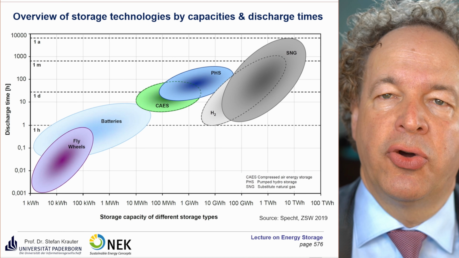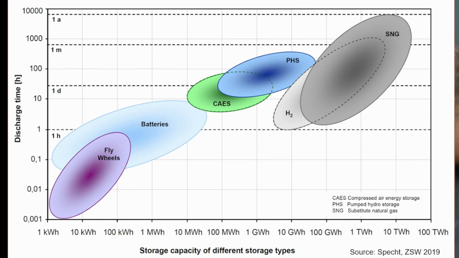Let's just take a look at the different storage technologies and their capacities and discharge times. We see here the storage capacity on the x-axis and the discharge time on the y-axis. What we discussed already has been the pumped hydro storage, as a mechanical storage.